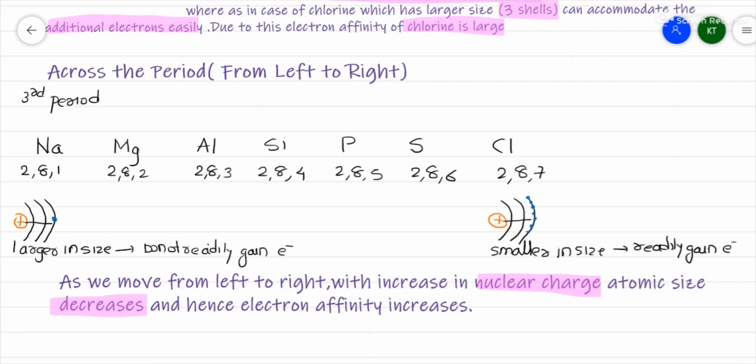As it readily gains an electron, more energy is released. As it does not readily gain an electron, less energy is released. So low IP, high IP. So from left to right, your electron affinity value goes on increasing because the size of an atom decreases.